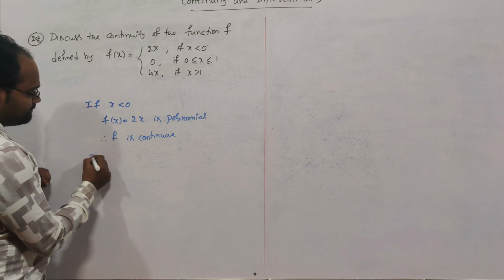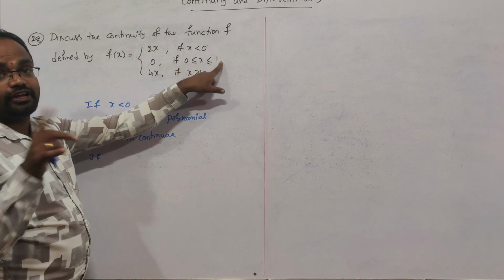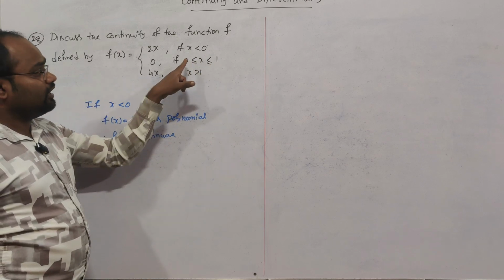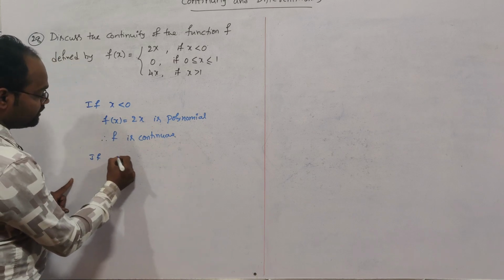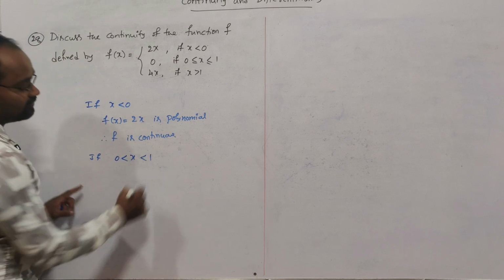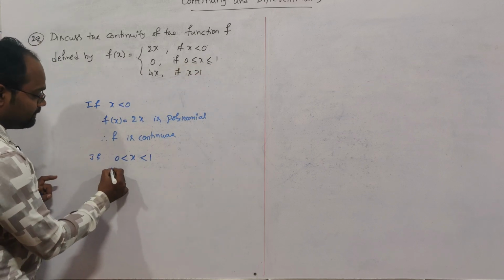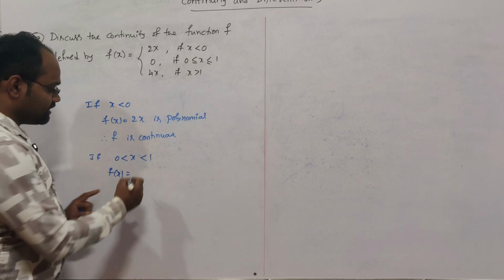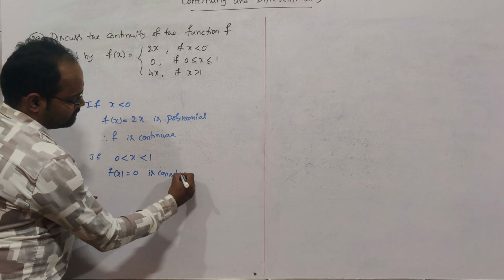Similarly, since we will check at x equal to 0 and x equal to 1 separately, we do not include equals here. At those 2 points, let us consider the open intervals. If 0 less than x less than 1, f of x is 0, a constant function.